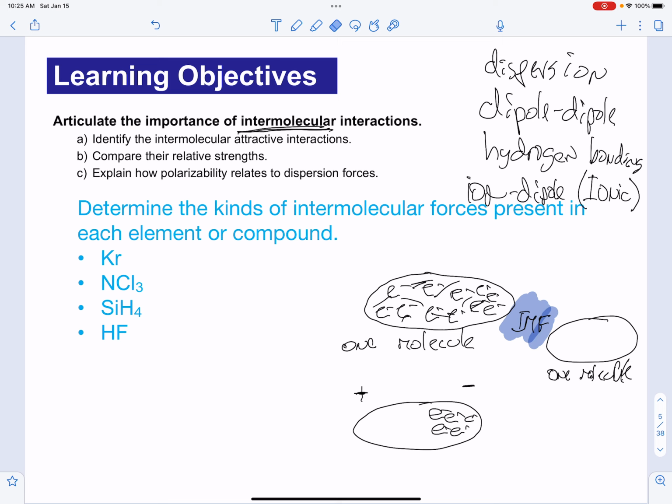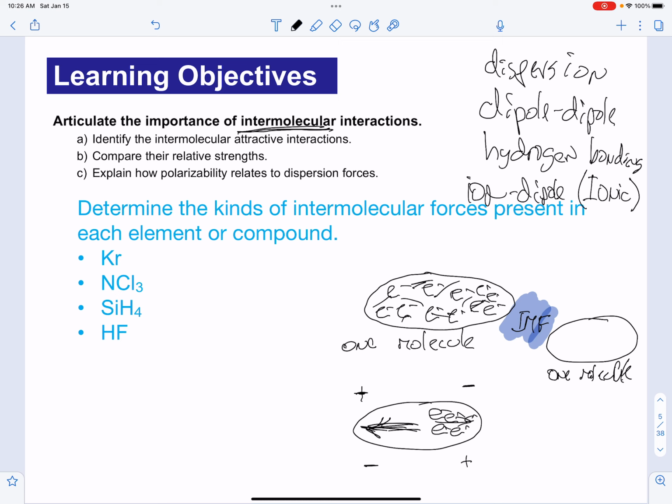However, these electrons can suddenly split in half and then it will be even. Or they can come all the way over here and then this will be negative and this will be positive. So this negative and positive charge is always changing. So we cannot say that it's negative or positive because it's always changing.